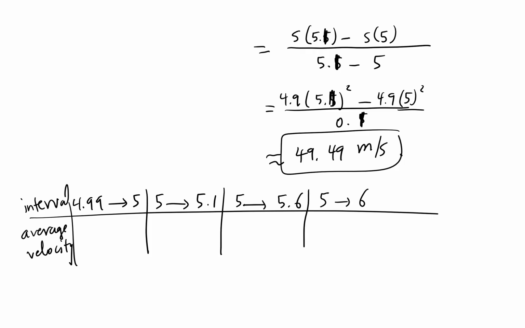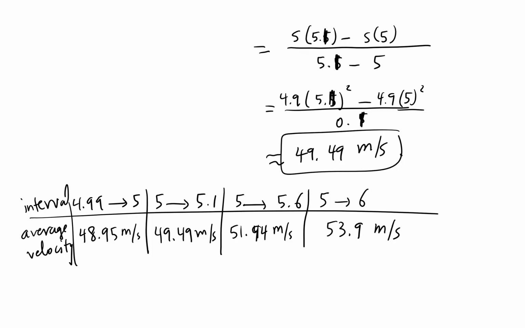The only one we found is 5 to 5.1, and we got 49.49 meters per second. I did the first one on my own and got 48.95 meters per second. The third one I got 51.94 meters per second. And the last one, 53.9 meters per second.